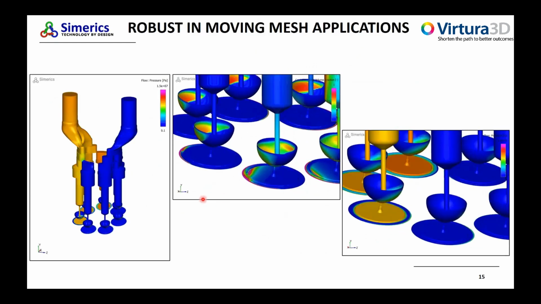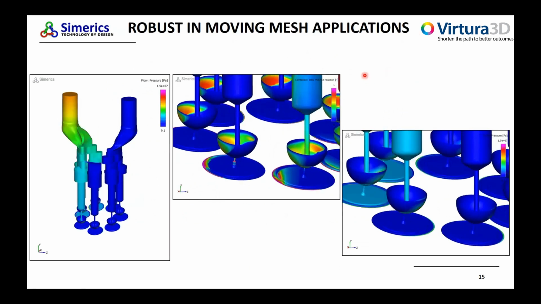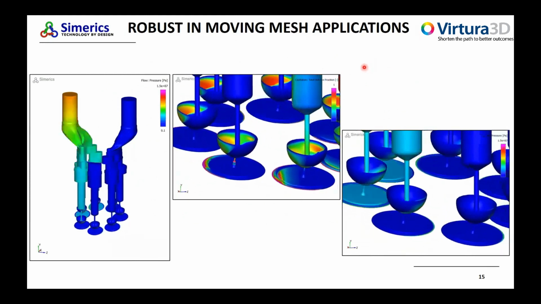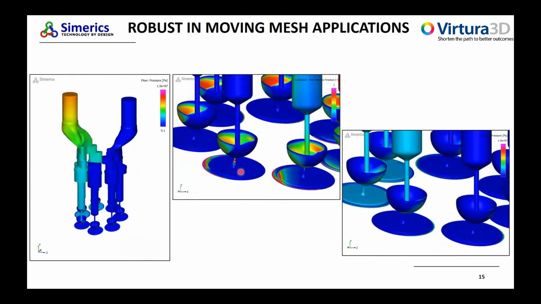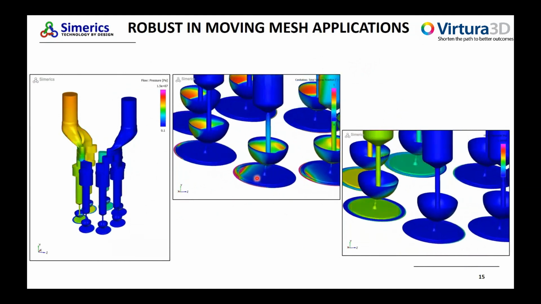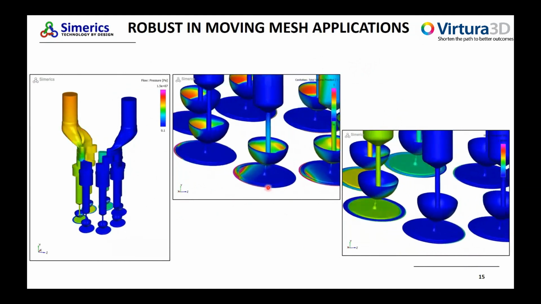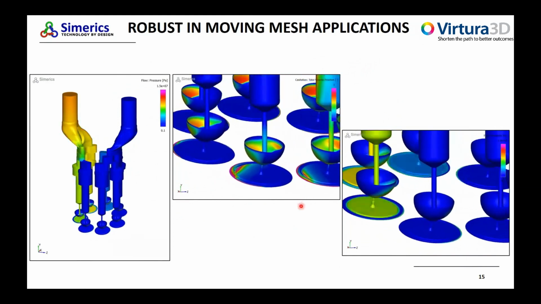We also have multiple applications where we have run these moving mesh capabilities. So you can see how we can capture these bubbles even in a very small gap. These are the shoes inside this piston pump, and even in the small clearances, we can capture these cavitation bubbles happening.